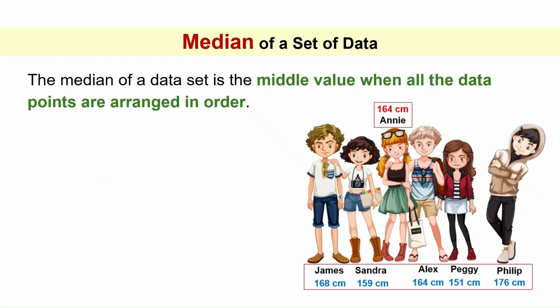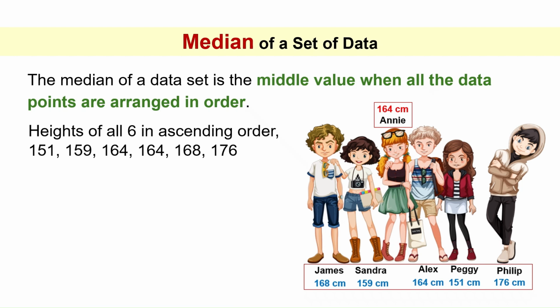What if we want to find the median height of Annie together with her 5 friends? Then, we need to arrange the heights of Annie and her 5 friends in ascending order. We can see that because there is now an even number of data points, there are 2 middle values, which happen to both be 164.